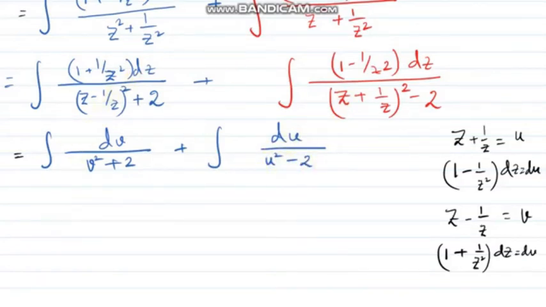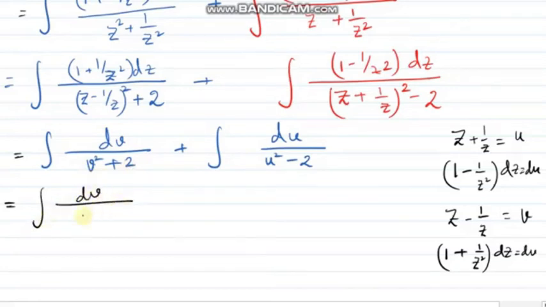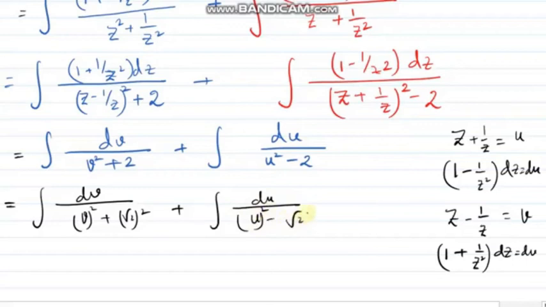Is it fine, all of you? I just forgot to write it in the color red. So what is the formula of integration? It's a huge sum. So v square plus root 2 whole square, plus this I am writing as u square minus root 2 whole square.